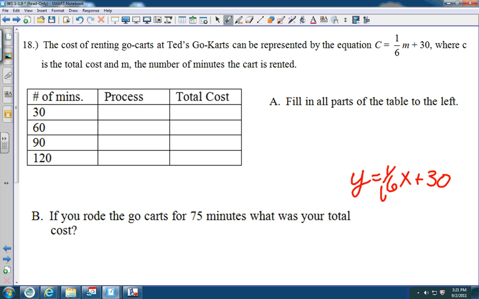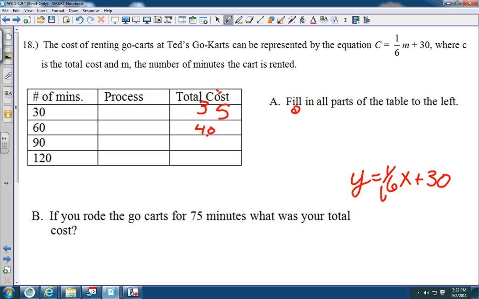If you go into y equals in your calculator and put in 1 divided by 6 x plus 30, press second graph. You can look and go down to where it's 30 and find out: 35. Then when it's 60, I have 40.